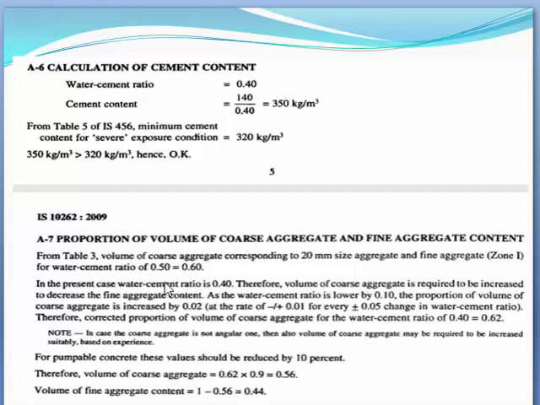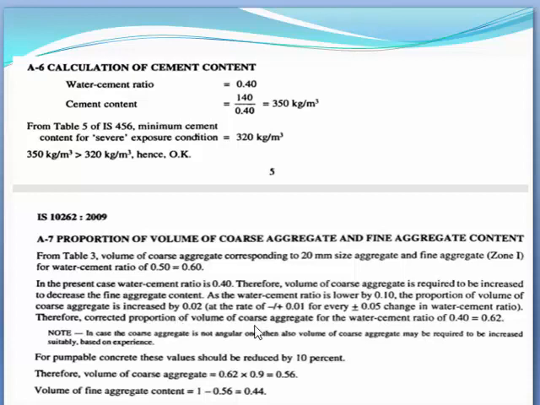If the water cement ratio is less than this value, that is 0.50, then the volume of coarse aggregate will be increased. And what will be the basis of increase or decrease?